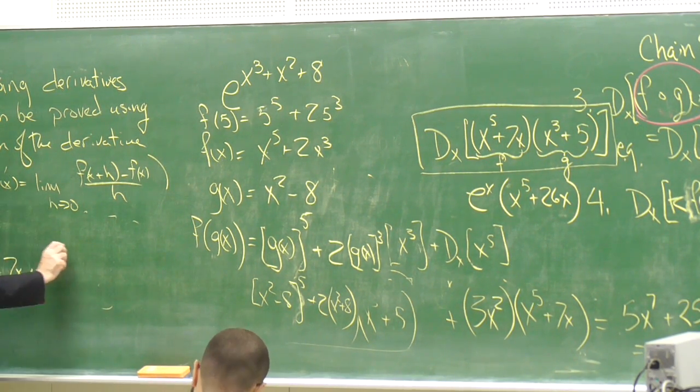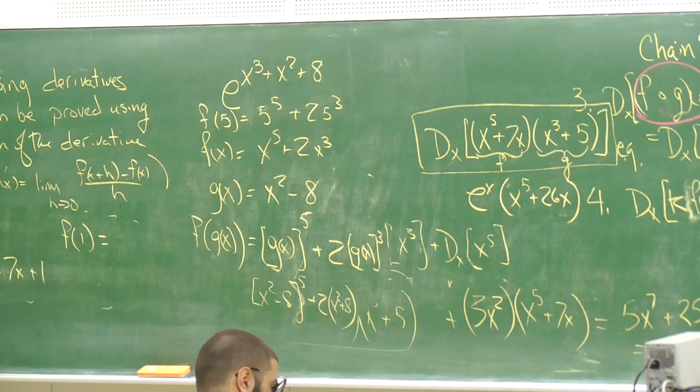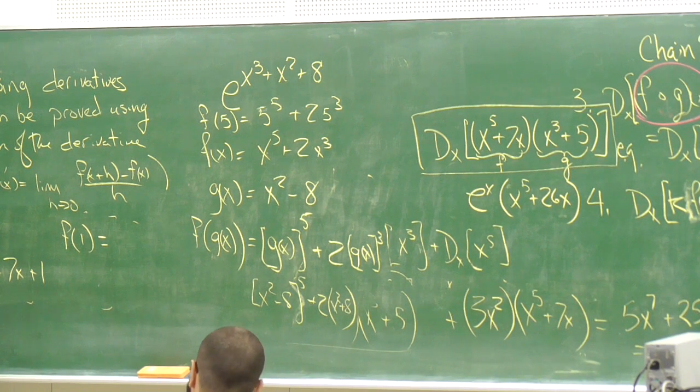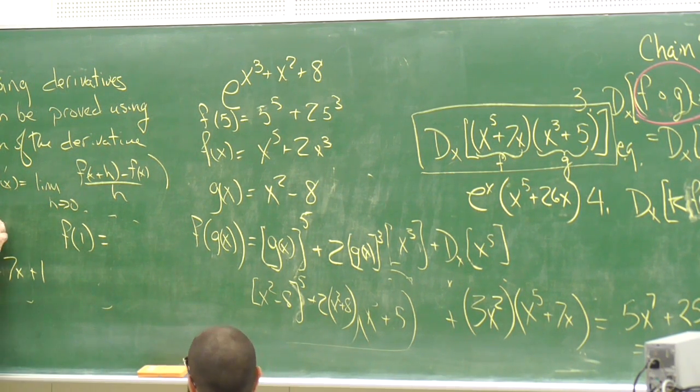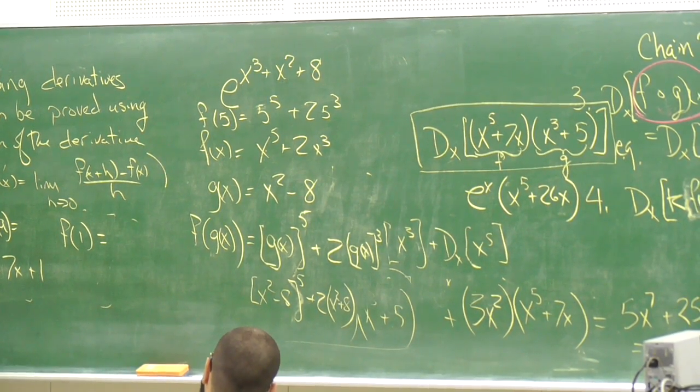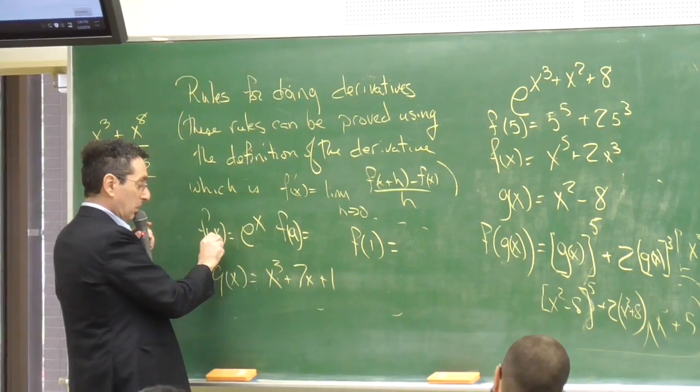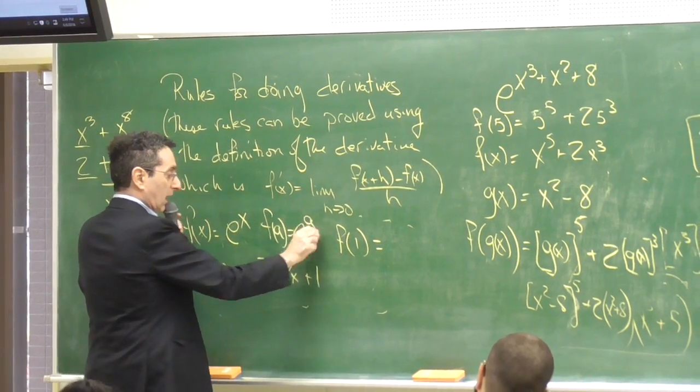Okay, so just f of 1, here's f. f of 1 is what? e to the 1, right? f of 2, e to the second. f of 3, e to the third, right? f of 10, e to the 10th, right? Okay. f of a, e to the a, right? If you're putting in an a, or an x, you just get that.